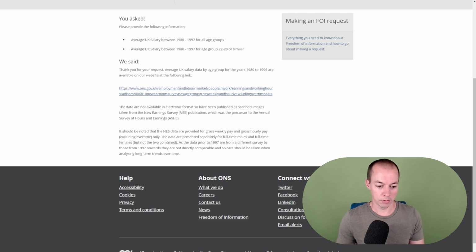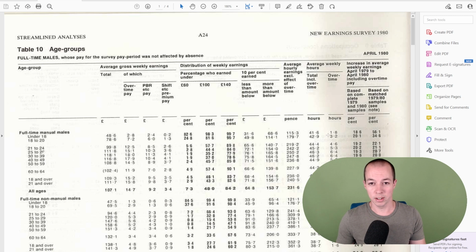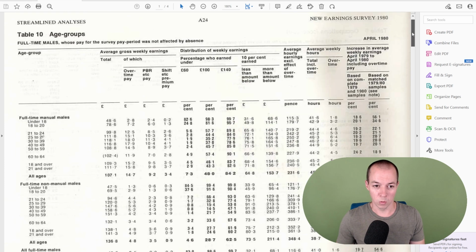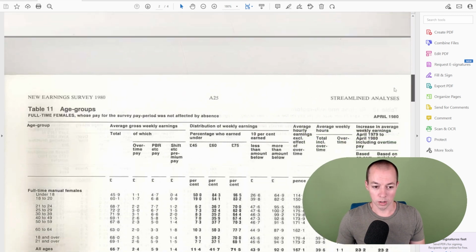I'm just going to bring up this PDF now because the data was tracked slightly differently back then. They've got these scanned-in data sheets which show the information we're going to use for this video. So we had a choice between April 1979 or April 1980. I've gone with April 1980 as I felt that was closer to the actual time zone that we're looking at. And if we scroll down, they've got the data broken down by both male and female and also the types of work that they were doing.